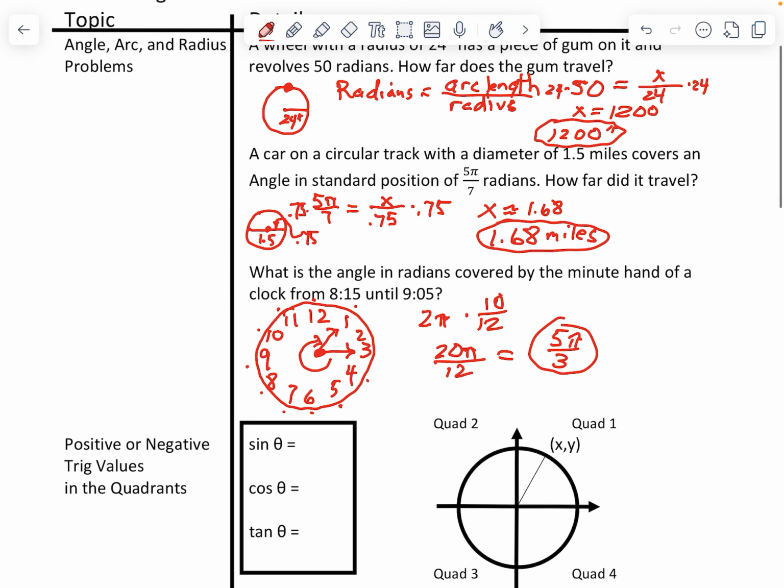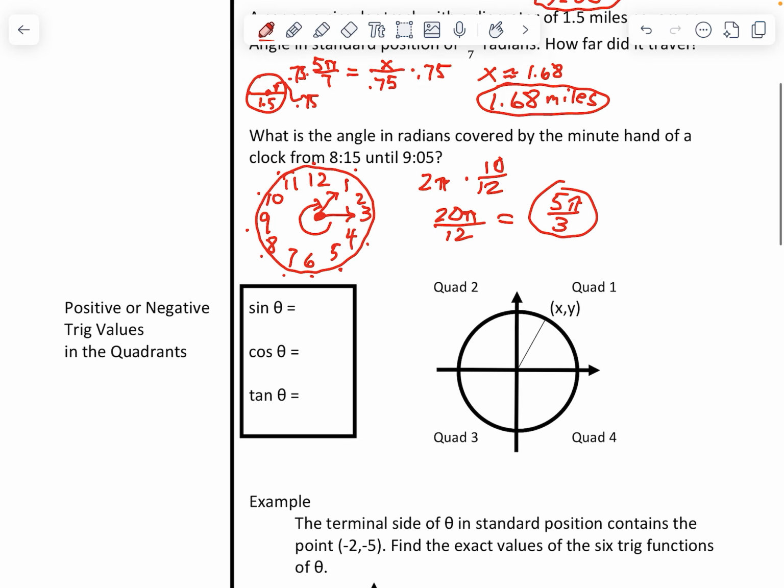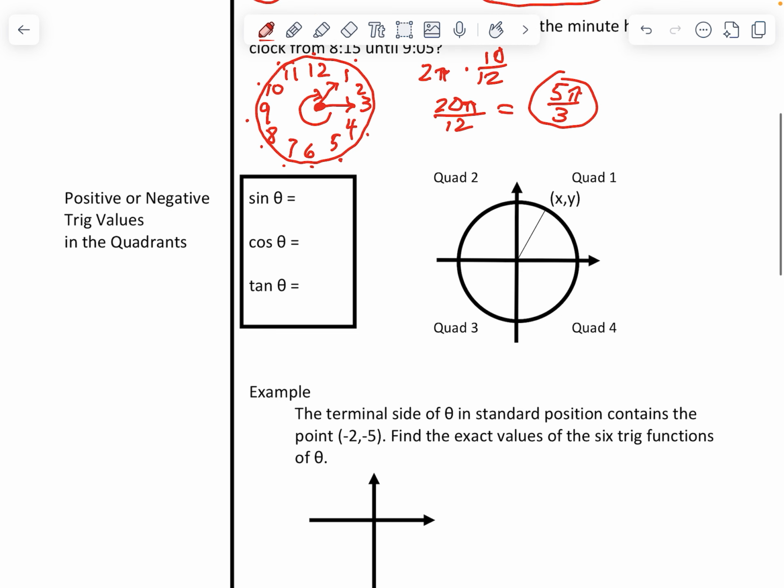Let's go to the next section, which is going to talk about what values of trigonometric functions are positive in which quadrant. Let's review a little bit first, thinking about these x and y values. If you're in the first quadrant, x and y are positive.